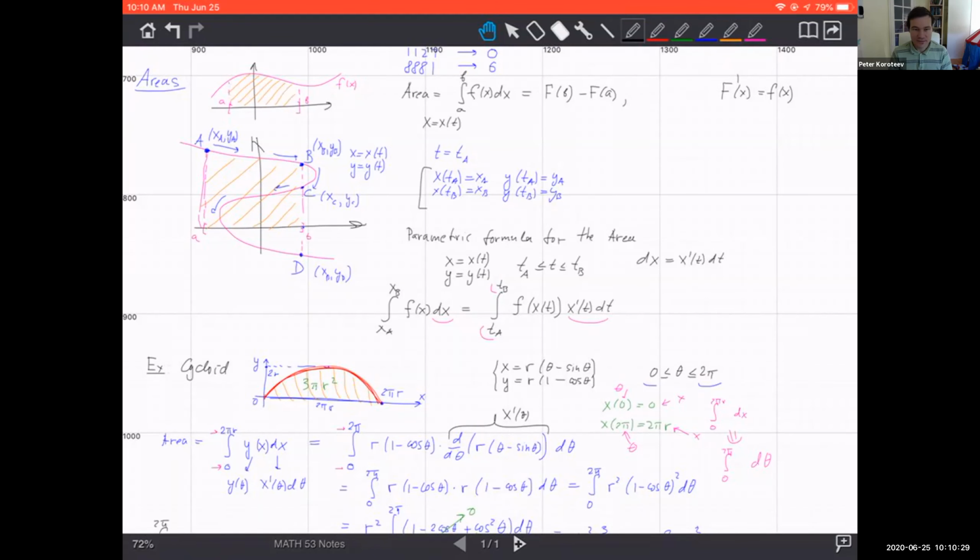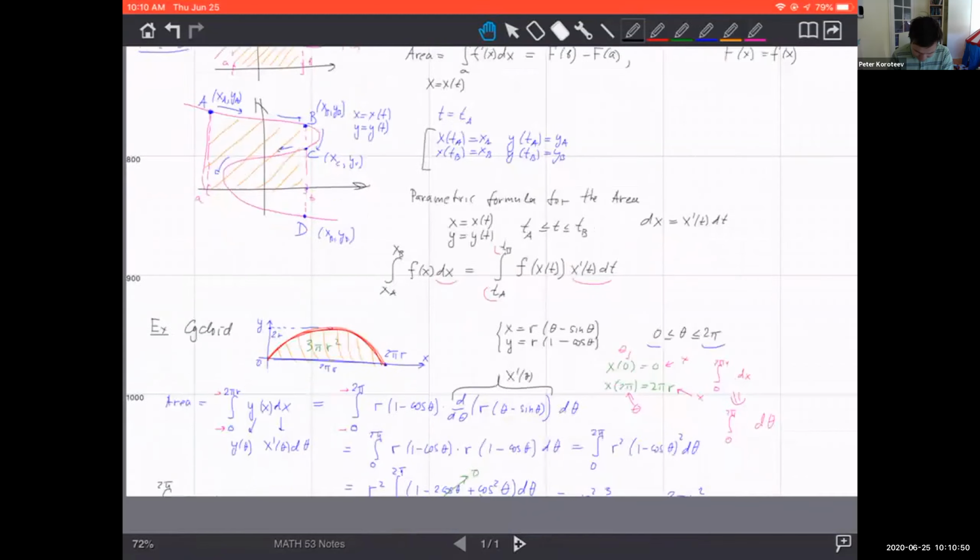Okay, let's get started. So yesterday we talked about areas, lengths, and areas under the graph parameterized by equations x of t and y of t. And we talked about lengths of arcs of those curves.